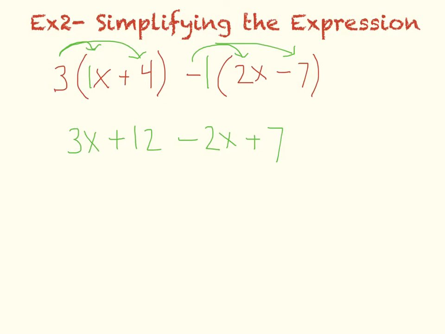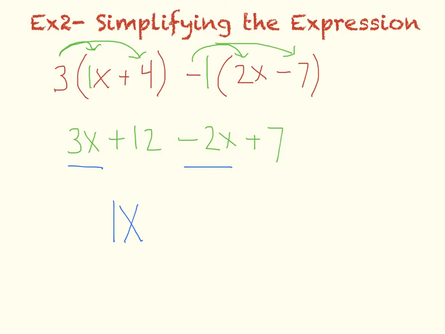So, we've got this 3x right here, and we've got a -2x right there. They both have x's, they're like terms, we can combine them. +3, -2, +1, x. There we go. So, we've got 2 more numbers left. Do we drop them down?